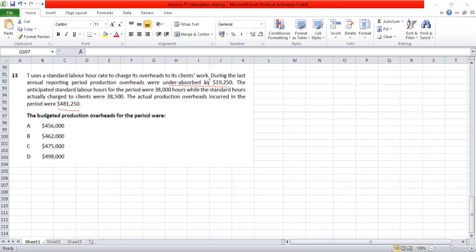But because they were under absorbed by 19,250, how much was absorbed is what we have to look into. Then the anticipated standard labor hours are 38,000, while the standard hours actually charged to the client are 38,500. They planned for 38,000, but they spent 38,500. So this is a difference of 500 hours. Now, the question is, what are the budgeted production overheads for the period?